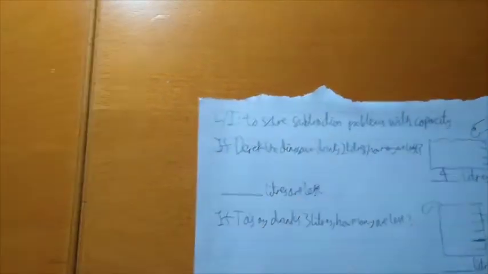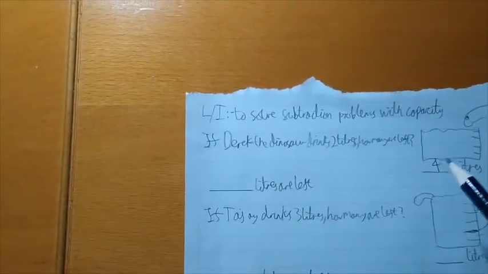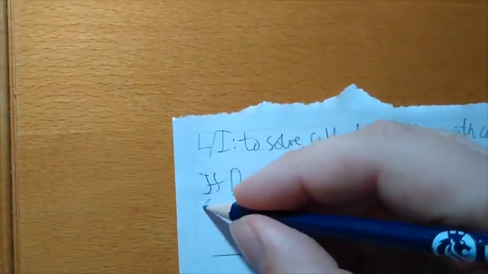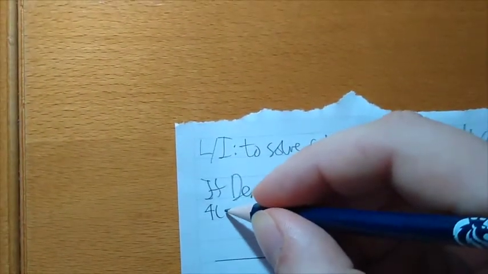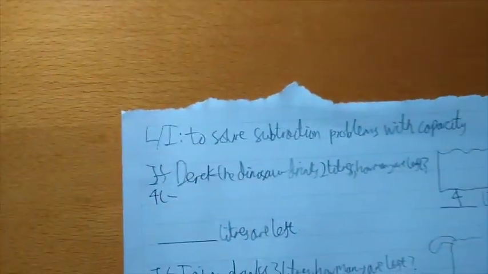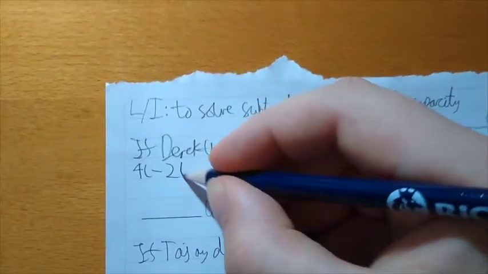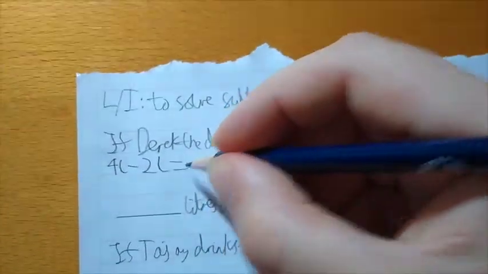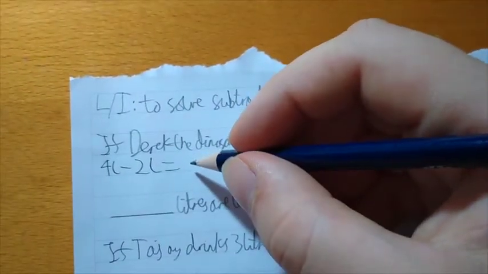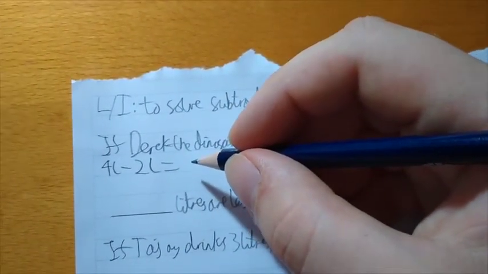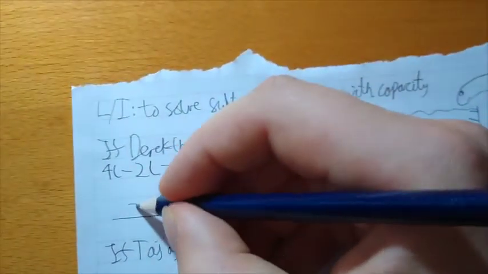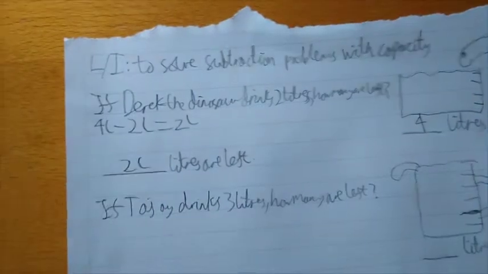So if Derek the dinosaur drinks 2, let's start our number sentence. 4 litres minus, which is how many litres are in the trough, minus 2 litres, which is how many litres Derek the dinosaur drinks, equals, so 4 minus 2, let's count that back, 4, 3, 2, equals 2 litres. So 2 litres are left.